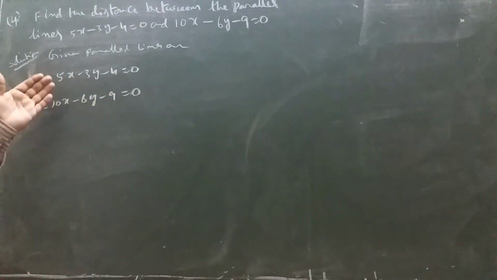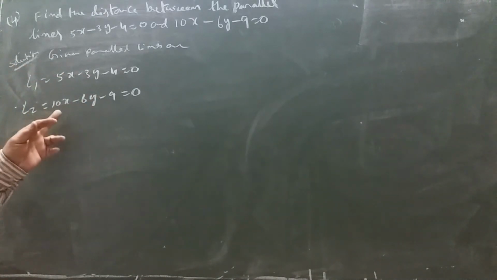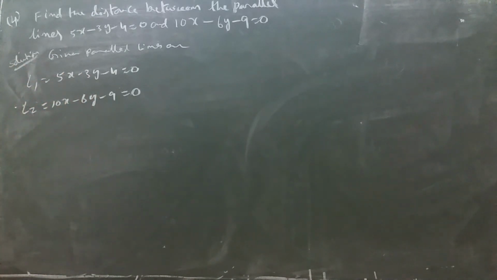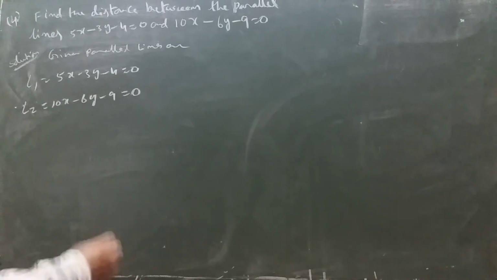What is your observation? Here the x coefficient is 5, y coefficient is minus 3, but here the x coefficient is 10, y coefficient is minus 6. So first we have to equate the x coefficient or y coefficient in both equations.